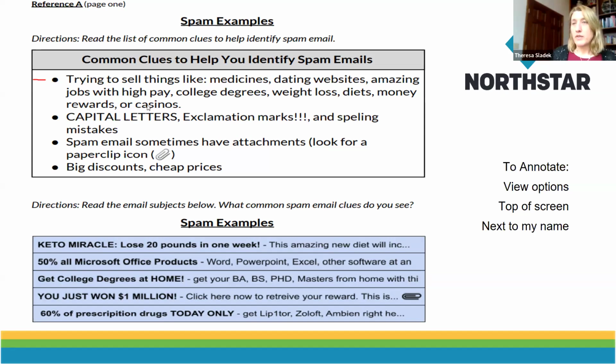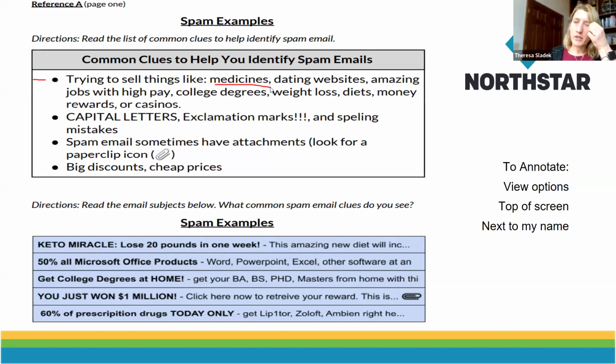One of the things they're often trying to do is sell you something around medicine. So what are some other words for medicine that they might use? Prescriptions, yep. Drugs. Healthy options, yep. Supplements maybe. Pills.